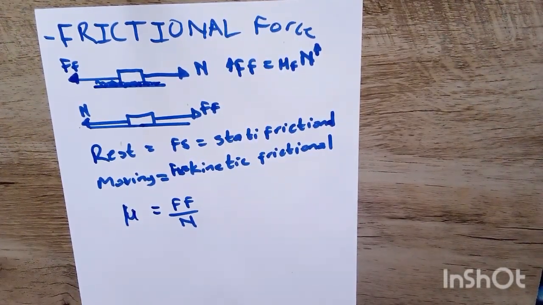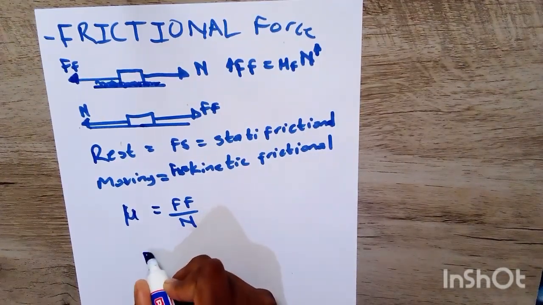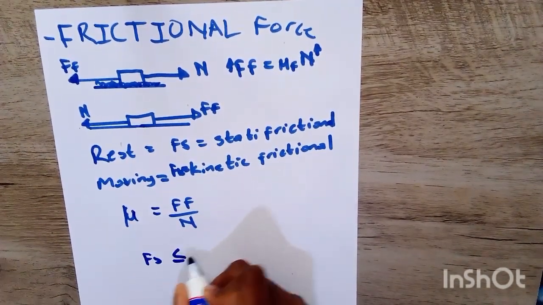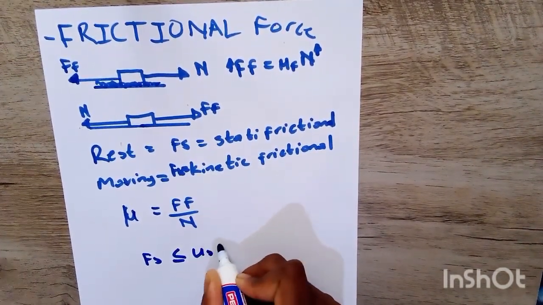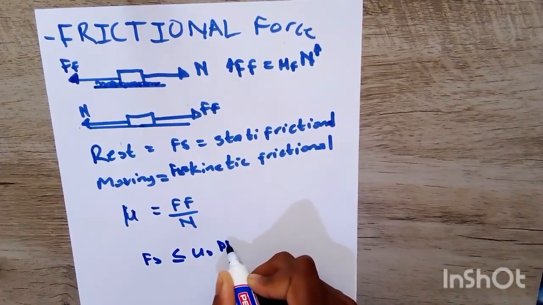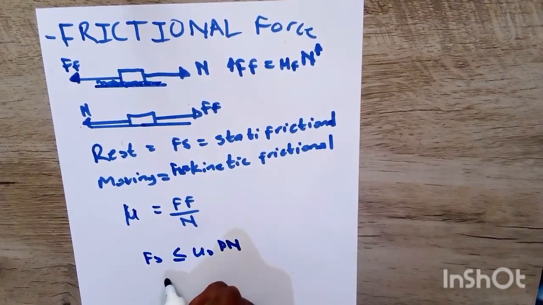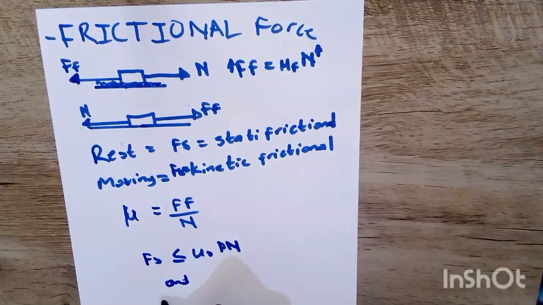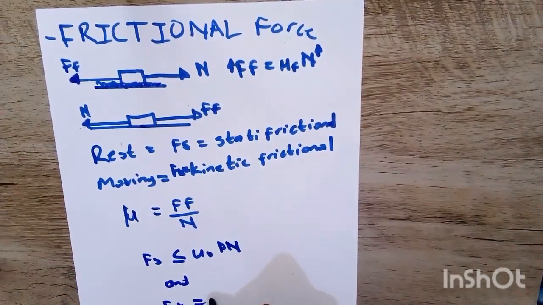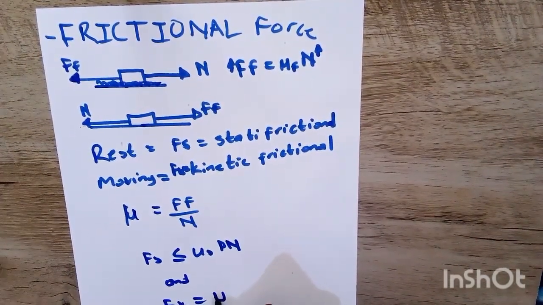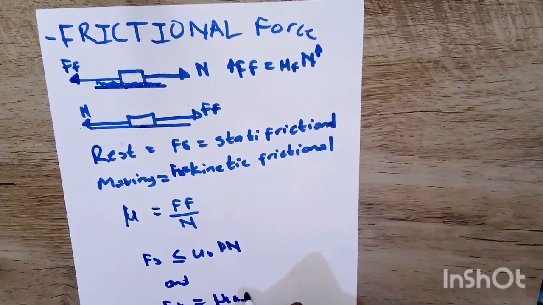So our Fs is going to be greater than the coefficient of kinetic friction times Fn, and our Fk is going to be equal to the coefficient of kinetic friction times the normal force.